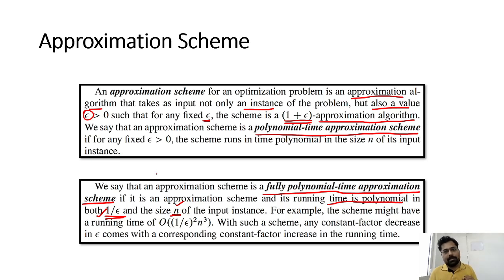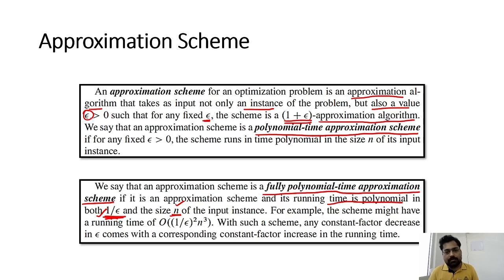If you remember, we added the auxiliary space. This is similar to that. Like the input space set as n, here they introduce 1 by epsilon. If those things are incorporated, then we can say it is a fully polynomial time approximation algorithm.